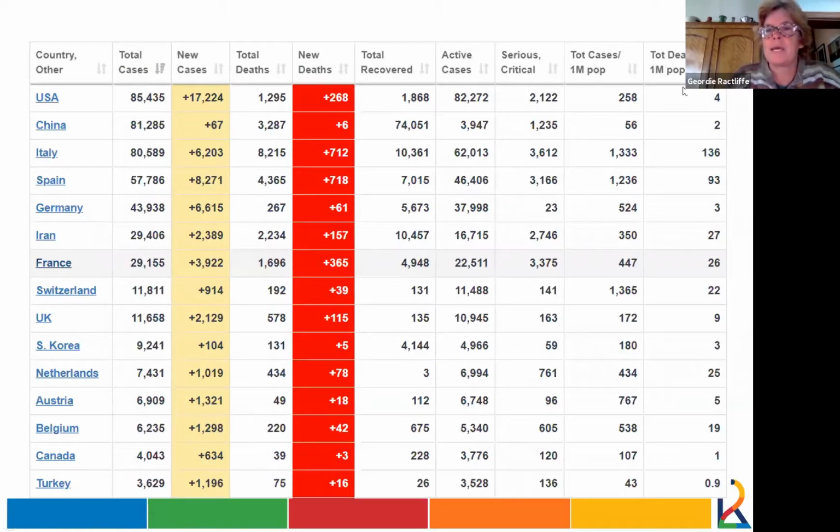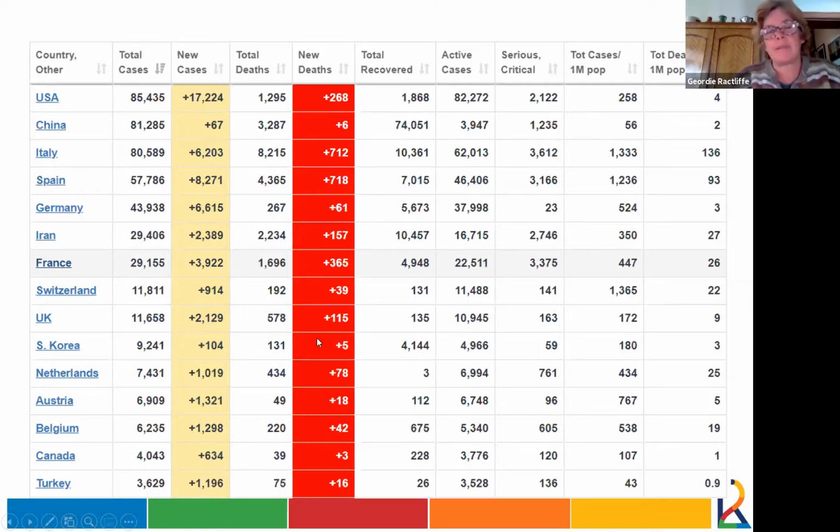This table gives you the total number of cases per 1 million in the population. So you can see that smaller countries, where people are more closely together, have a higher per unit caseload. In China, which is a huge country, that 81,000 translates into 56 cases per million of the population.